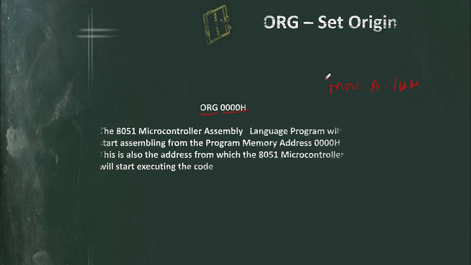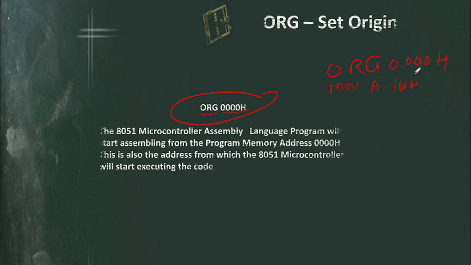Where you need to start storing the program is defined by ORG. So the very first line of the program should be ORG, followed by a numeric address.